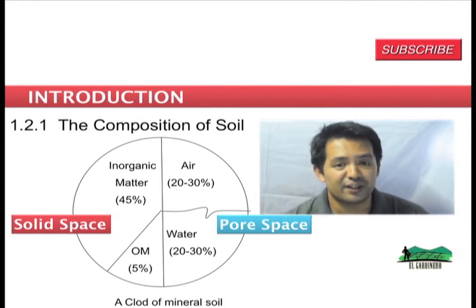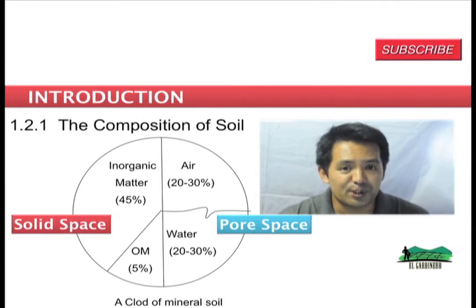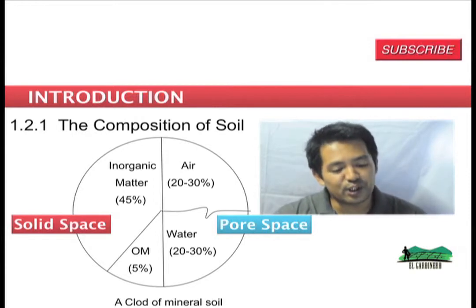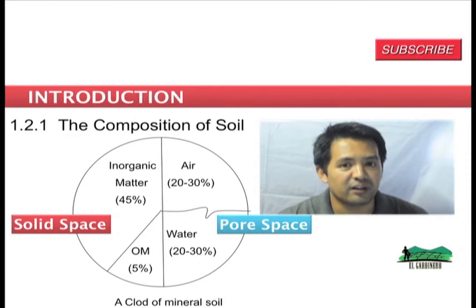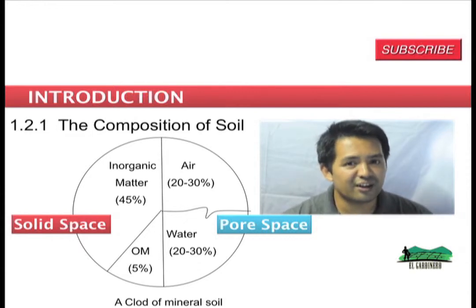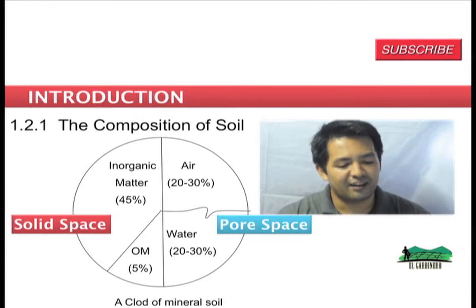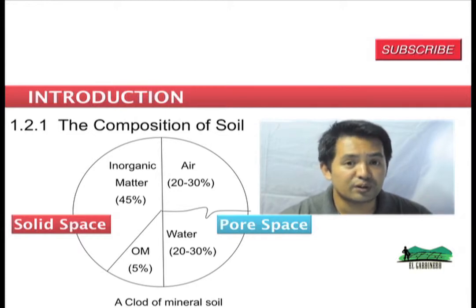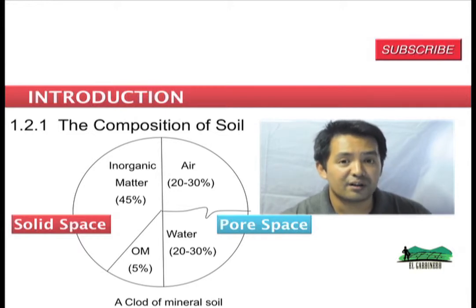On the right side of the circle, you have the air and the water that is occupying the pore space. You can observe that air and water is variable in terms of the percentage in the pore space. Air can be 20 to 30%, and so with water 20 to 30%. That is because if the soil is submerged with water, the amount of water will be more than the amount of air.